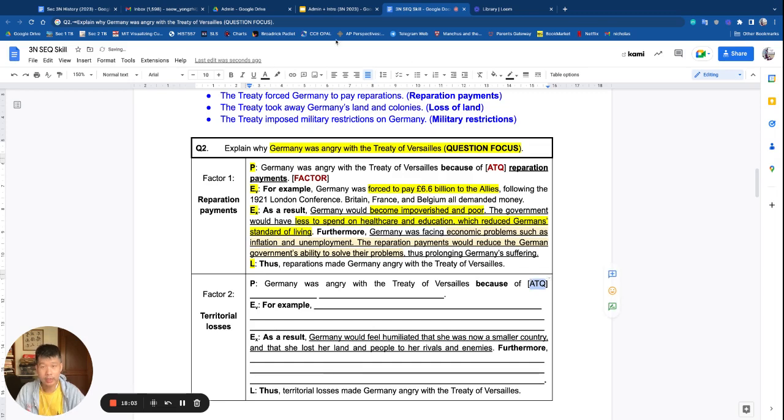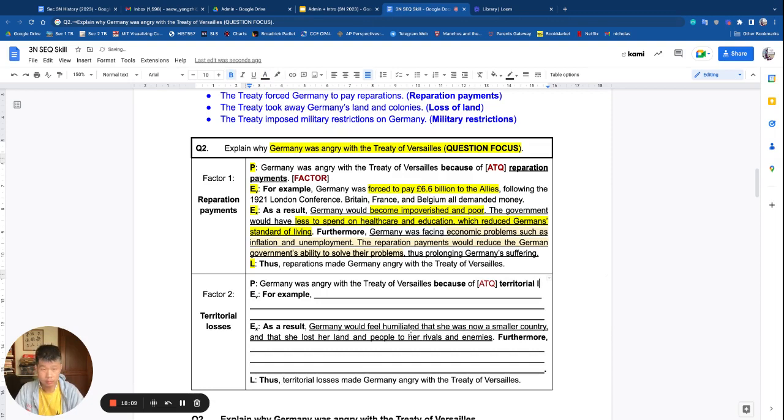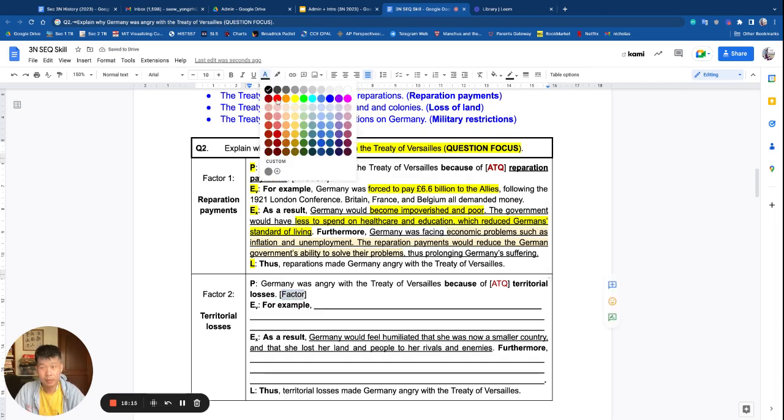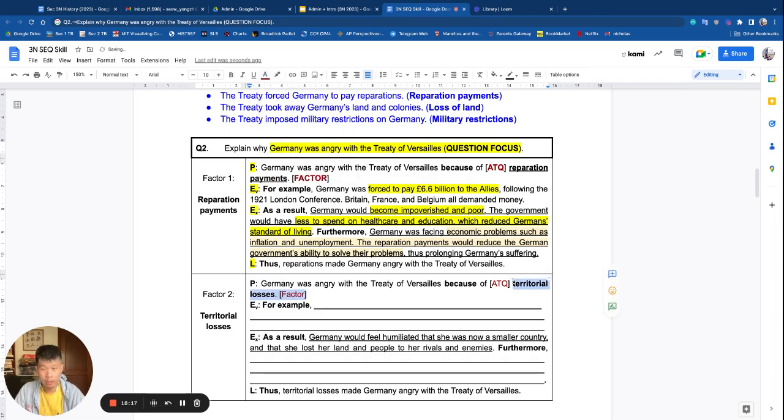I think you understand that this part is the ATQ. And so this is my factor. My factor is actually territorial losses. I'm going to put everything I type in blue so that you know what to check or even what to do corrections for. For example, what do we know that Germany lost?